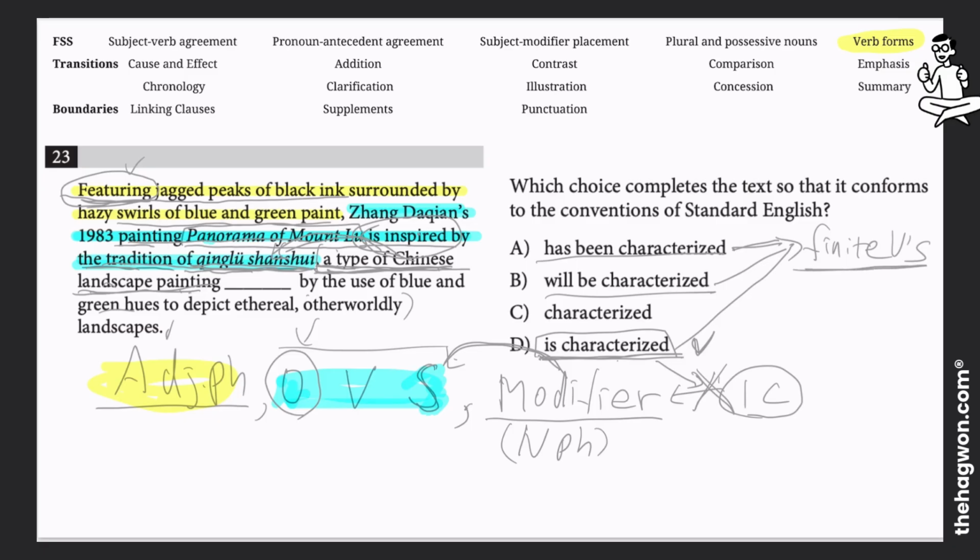By using any of the finite verbs in these choices, you're going to be setting off choices A, B, D as an independent clause. And as you know, this is called a comma splice, a bad sentence, right? Bad sentence.